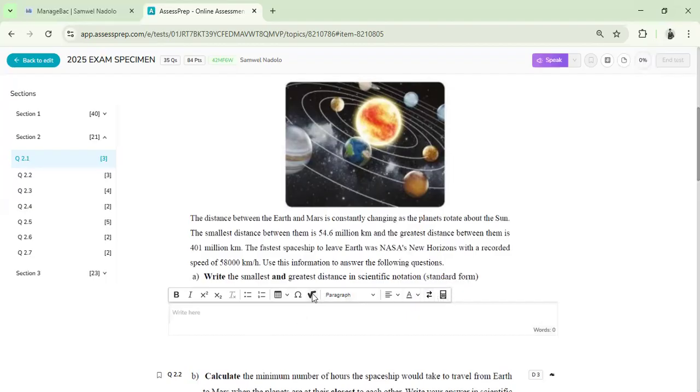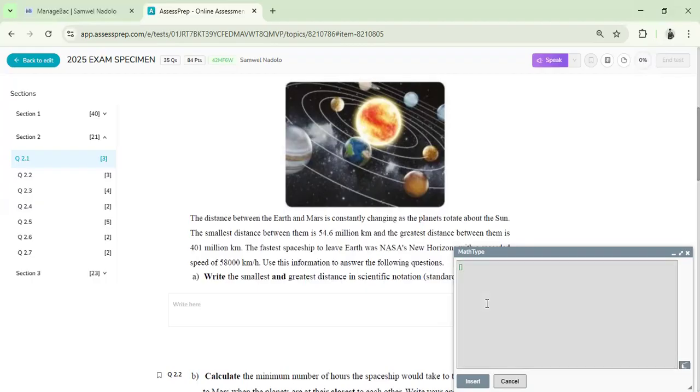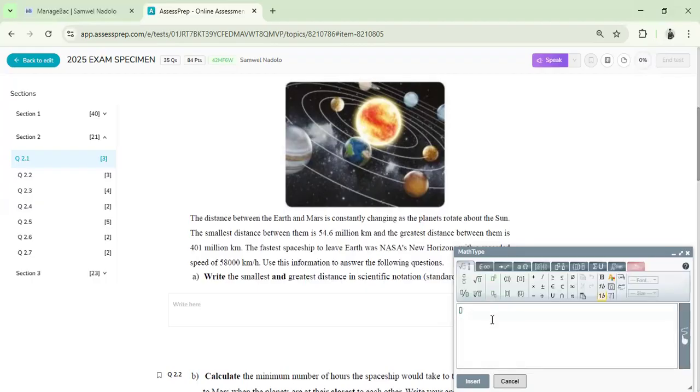All right, so our smallest distance is 54.6 million, 54.6 million kilometers.